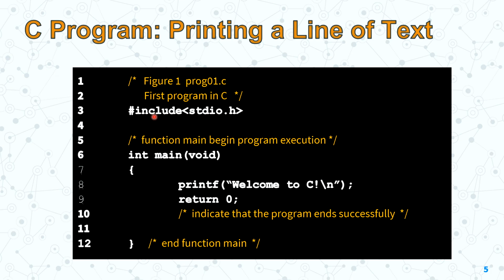So this hashtag include standard input-output is called a preprocessor directive. It tells the compiler to include the standard input-output library. We need this library because it contains the printf function here, which allows us to display whatever we want to display, in this case the text "Welcome to C" on the screen.